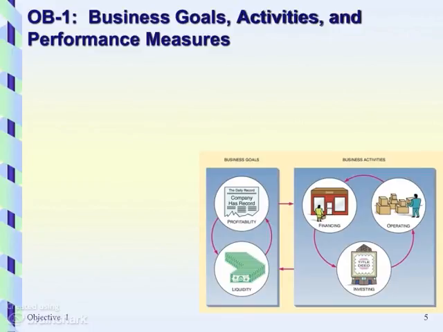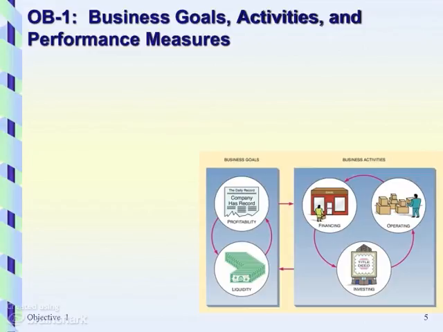All businesses essentially have goals, perform activities, and have some sort of performance measures to determine whether the activities of the business are helping that business to achieve its goals.